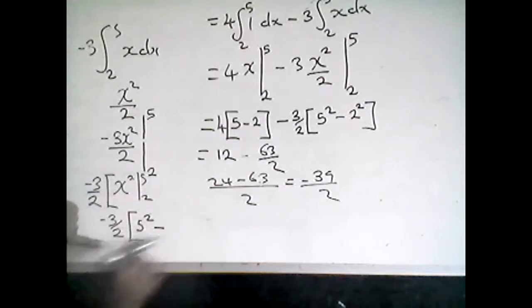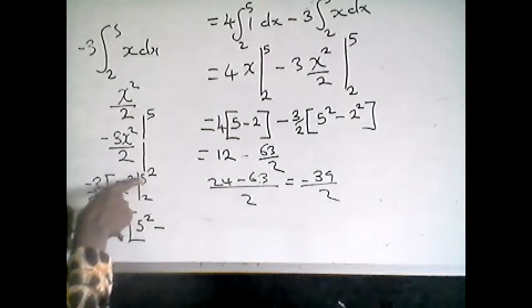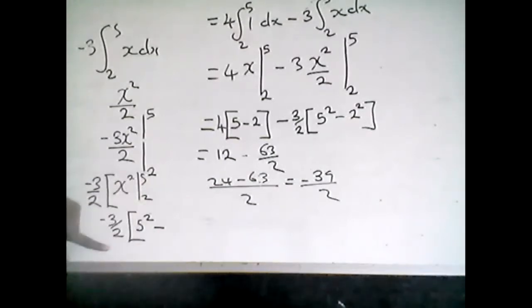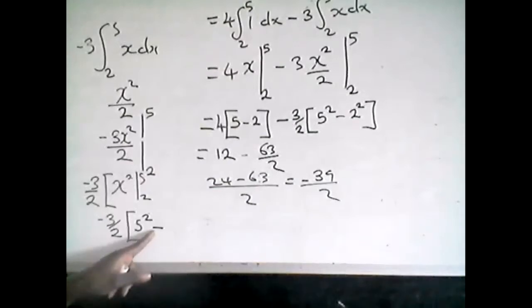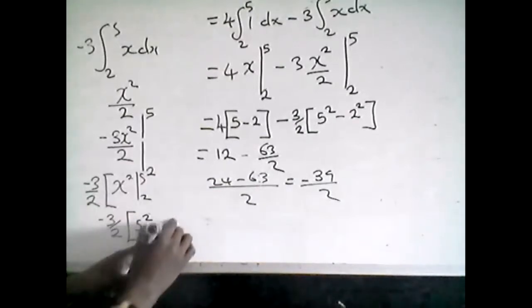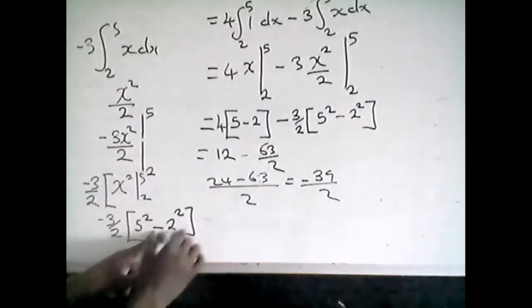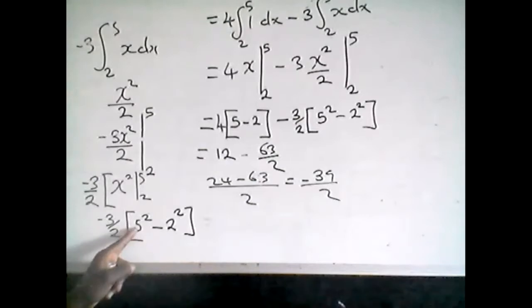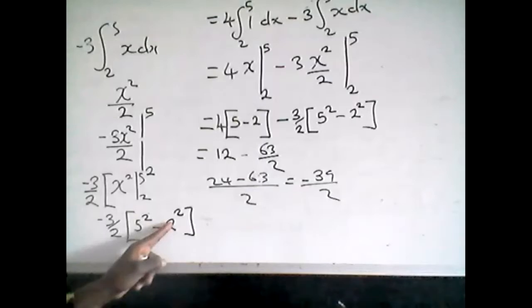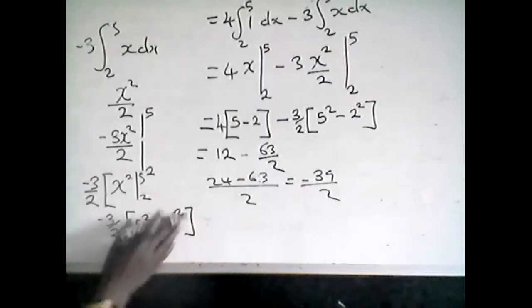It's b minus a, so here it is 5, the upper bound, minus the lower bound. For the lower bound, it will be minus, where there's x, we put a 2, so 2 squared. 5 squared is 25, 2 squared is 4. So 25 minus 4 is 21. This piece here is going to give us 21.